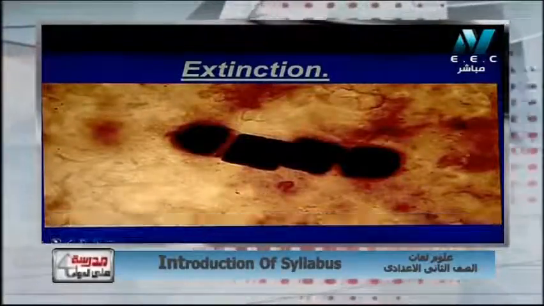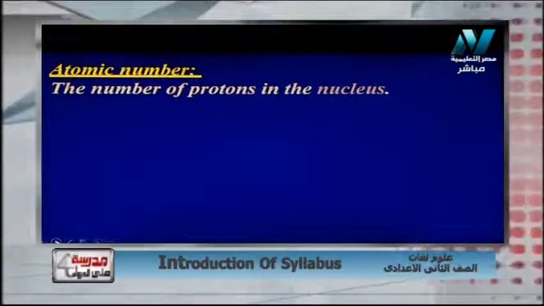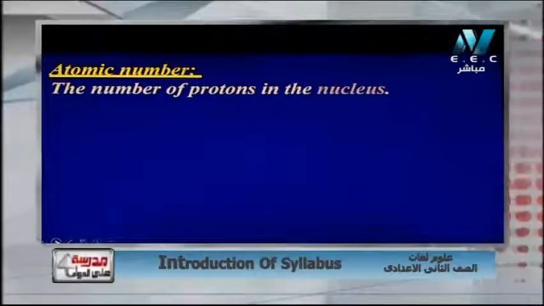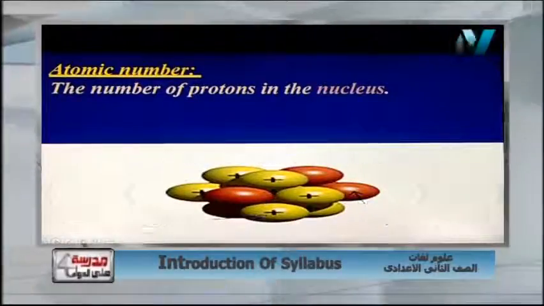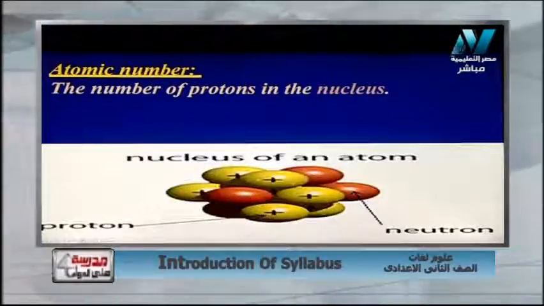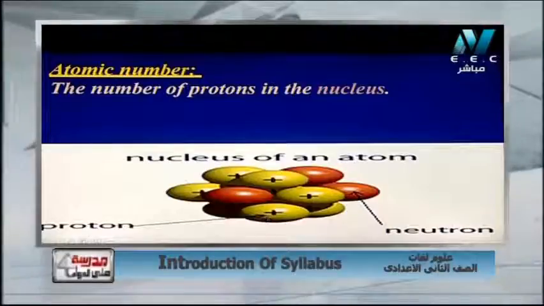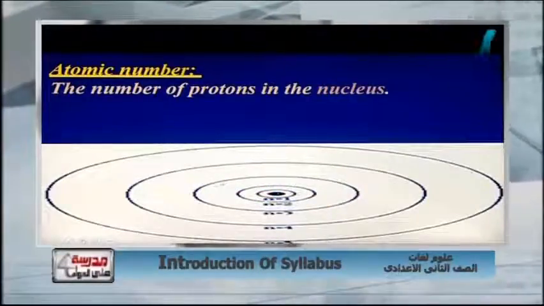Okay, next one, the last point in our episode today. We have to remember things like the atomic number, studied before in first prep. It is the number of protons. Remember the protons, which are positive, the positive protons in the nucleus. So the atomic number is the number of positive protons in the nucleus.